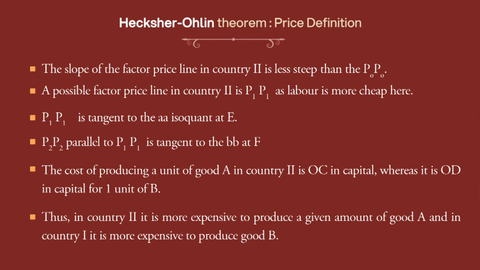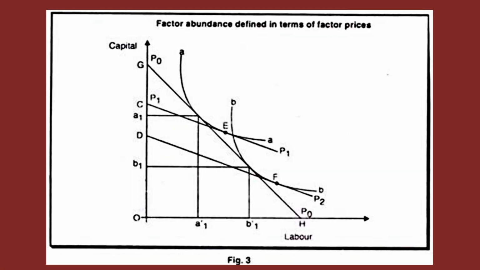A possible factor price line in country 2 is P1 P1, as labor is cheaper here. So P1 P1 is tangent to the isoquant AA at E. Let me repeat that P1 P1 is tangent to the AA isoquant at E.